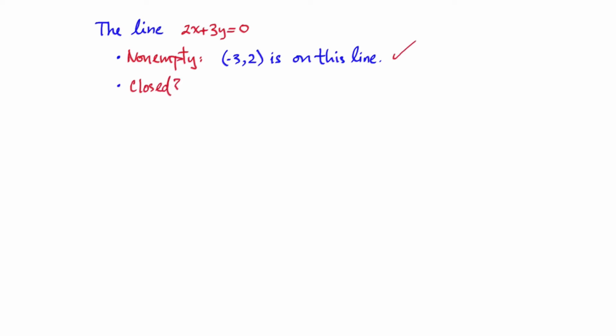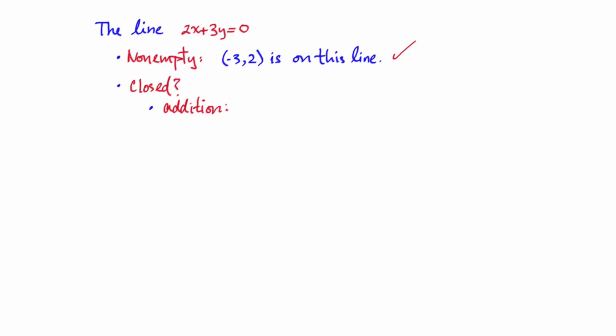Now, we're going to check closure under two operations. To check closure under addition, I need to show that when I add two arbitrary points that satisfy that equation, the sum will satisfy that equation.